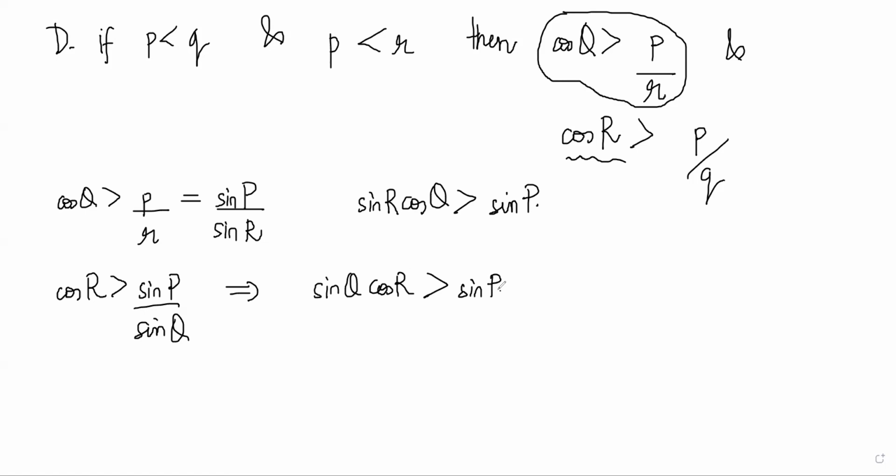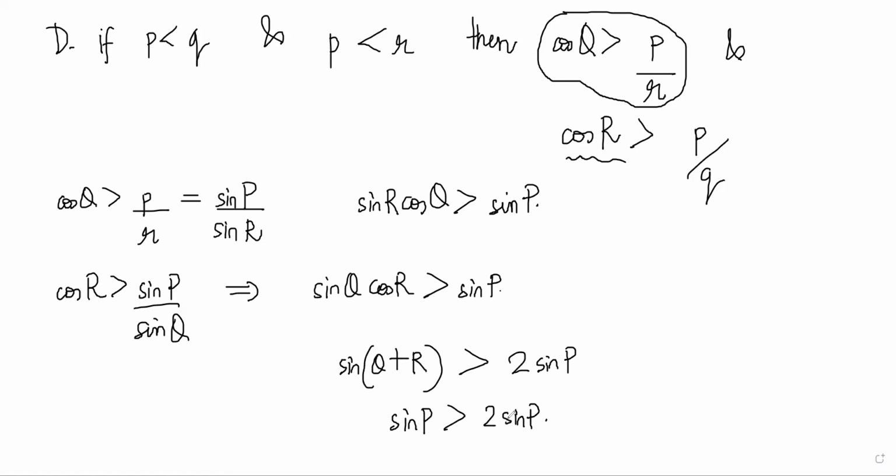So what we are getting, if you add these two results, you're getting sine of (Q plus R) is greater than 2 sine of P. But sine of (Q plus R) is the same as sine of P, right? We are getting something like this: sine P is greater than 2 sine P when you add these two inequalities.